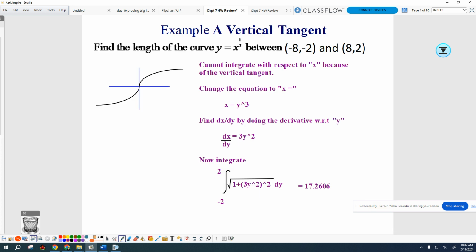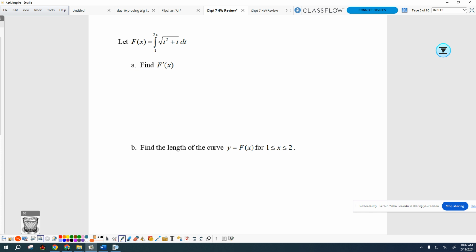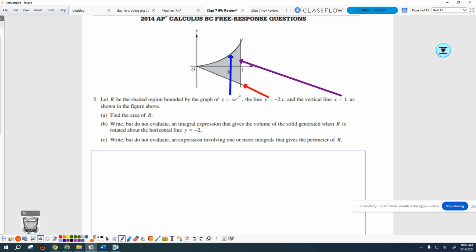What's on the test? Those are the most hated ones. This is another FRQ based on these things. So you need to be able to find area, you need to be able to find volume.